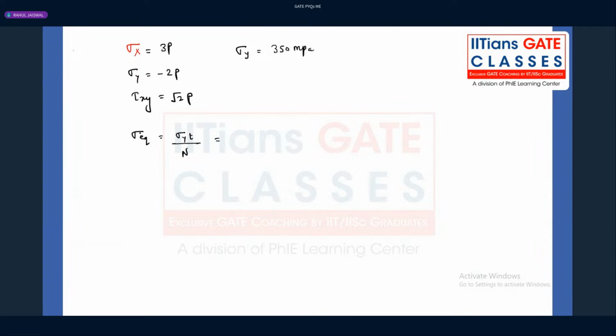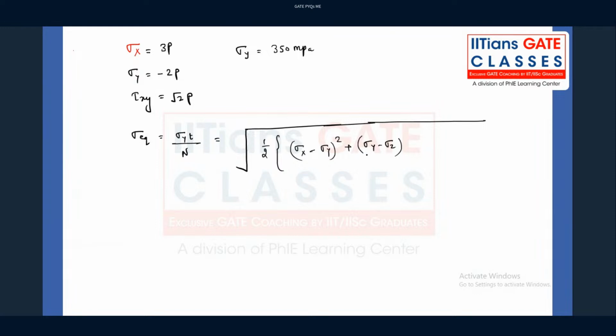But how to calculate the equivalent stress or von Mises stress? We know the formulas, right? A very general formula for 3D loading case. If I'm going to write for the 3D loading case, so this is what the formula we have. So let me complete this one.